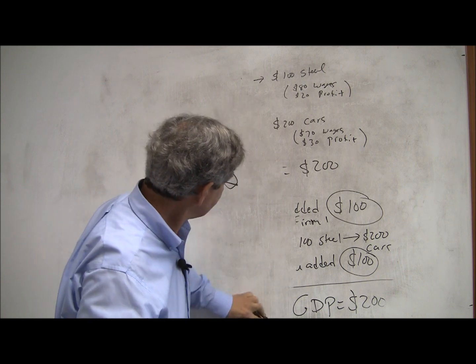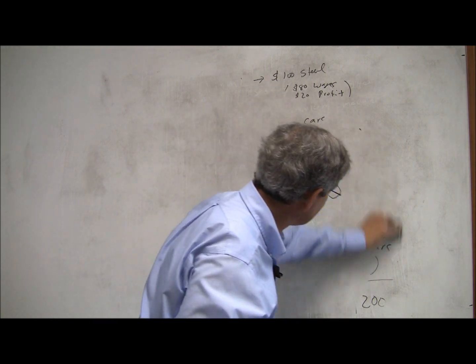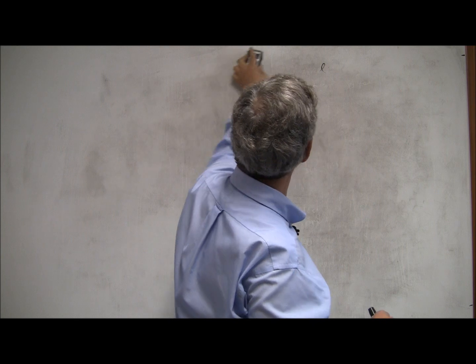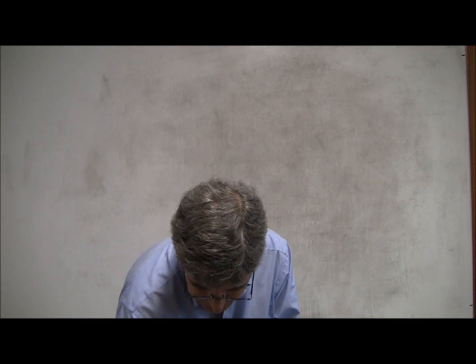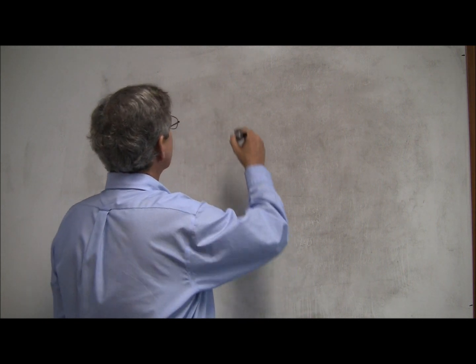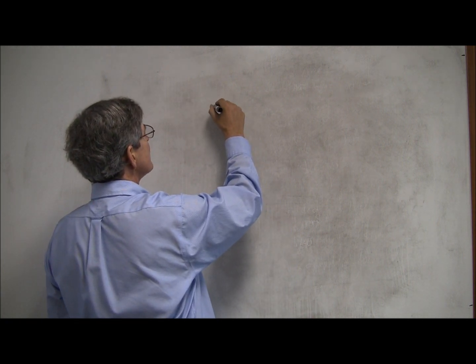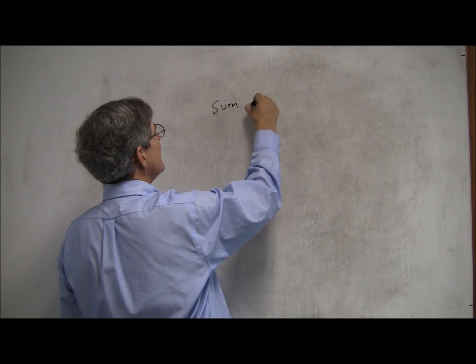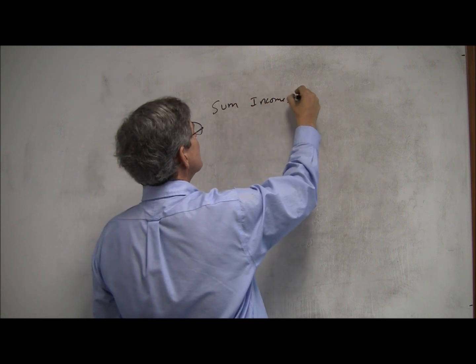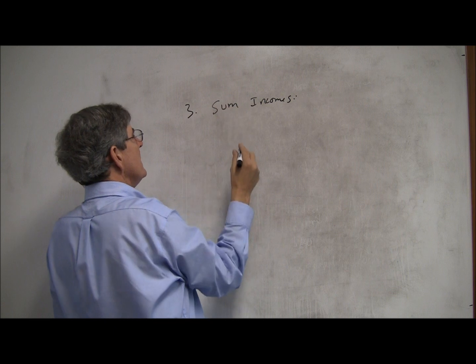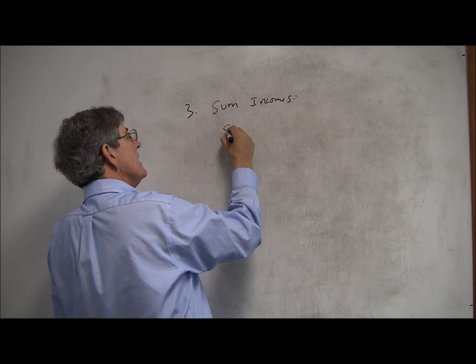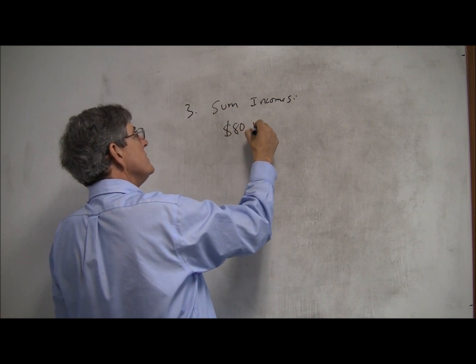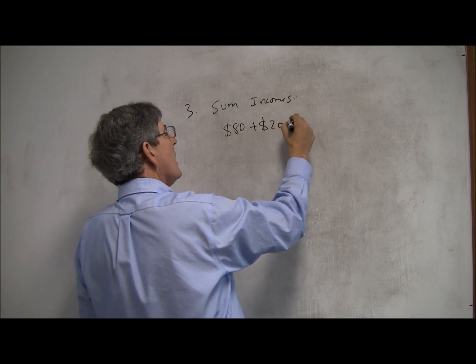The third way is to add up all of the incomes, and that should also equal GDP. Does it? Well, let's see if it does. Let's sum the incomes. This is method 3. The first firm had 80 in wages and 20 in profit.